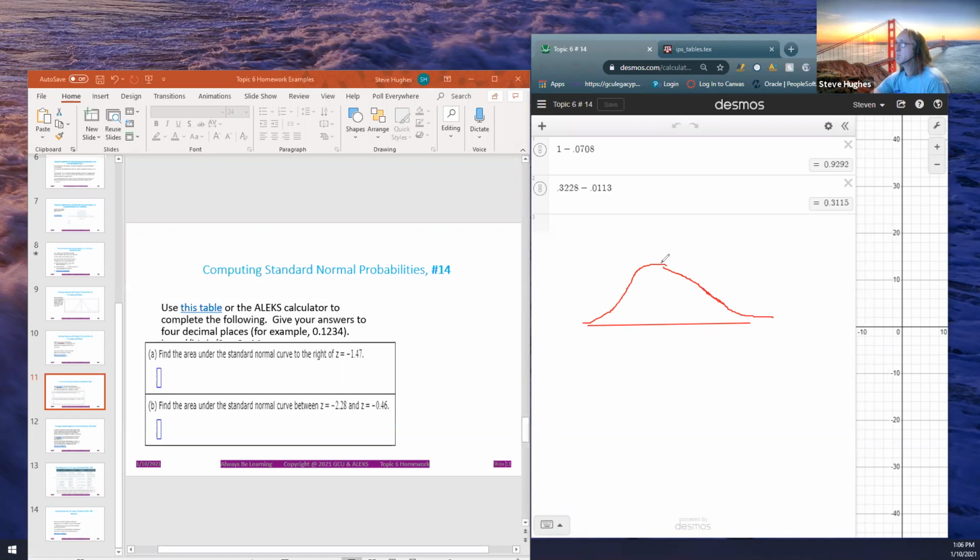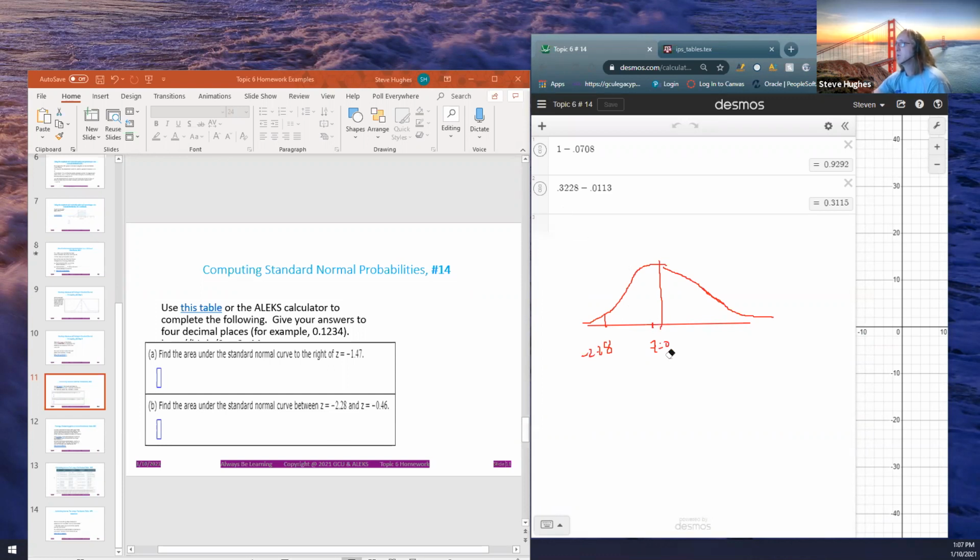All right, here's my mean. Remember, this is z equals 0. All right, negative 2.28 is back here somewhere. So negative 2.28 is here, and negative 0.46 is about right there. All right, so I'm going to do a little bit of erasing here.